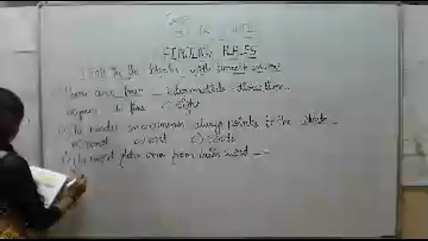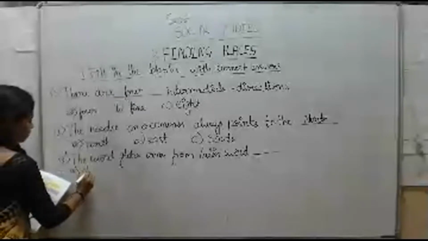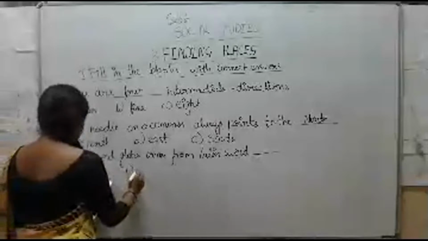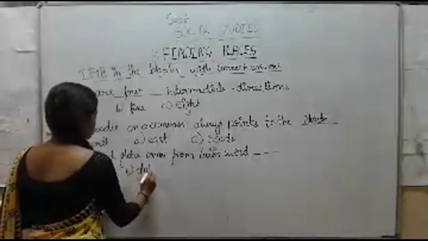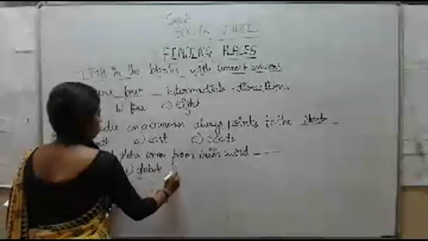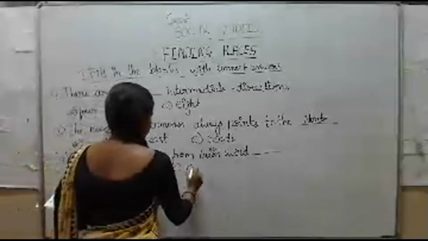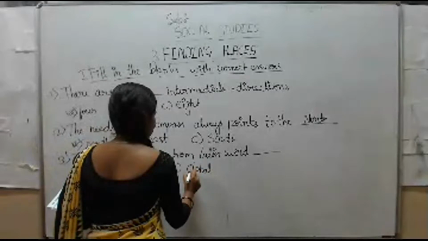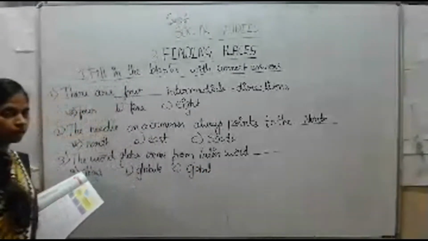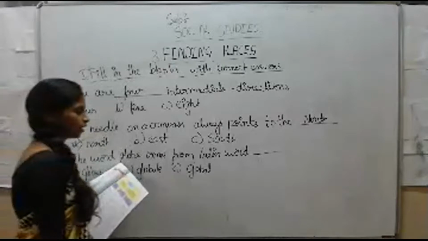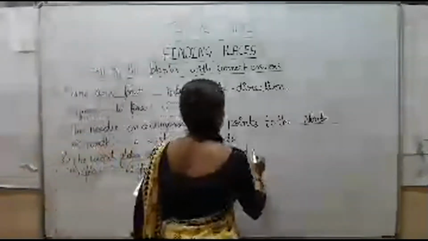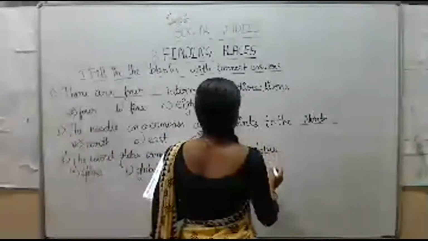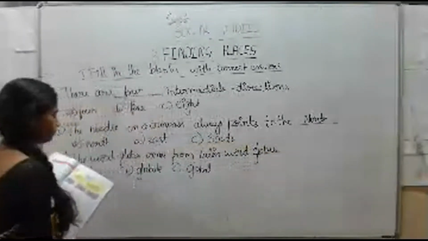Option A globus, option B globule, option C global. Which is the correct answer? Globus is the correct answer. Globus is the Latin word. From that word, the word globe has come.